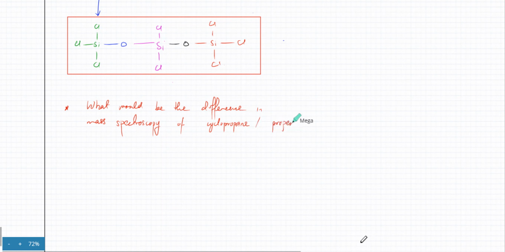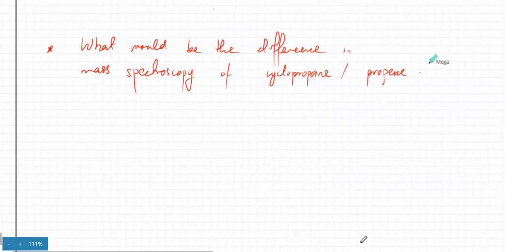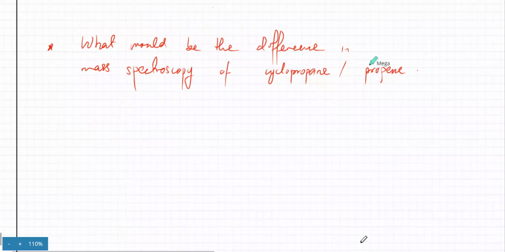If my memory serves right, that was the question. Both of them have the same formula. It's C3H6. This one also has C3H6. That means that the molecular ion is identical.